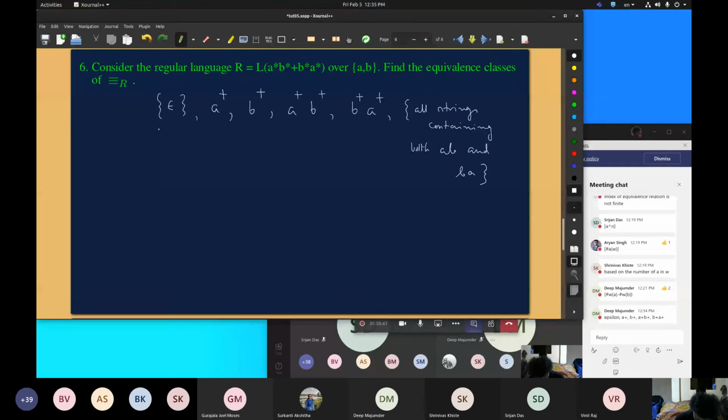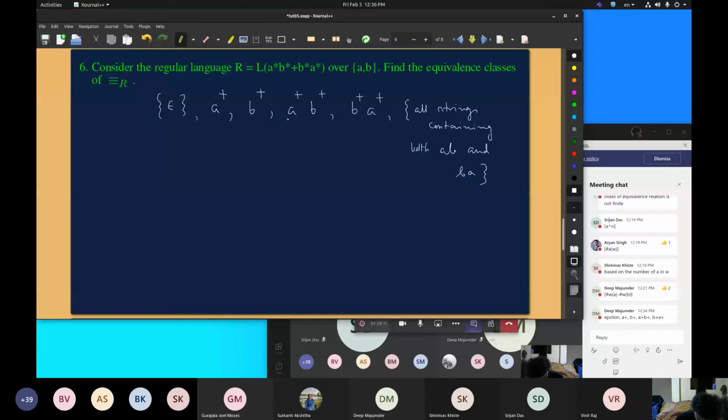First of all, this is not in the language R. This is inside R, this is inside R, this is inside R, and so on. So there is no question of having this or this equivalent.